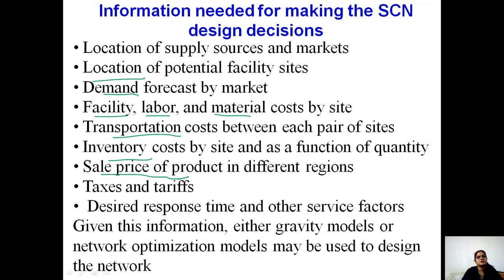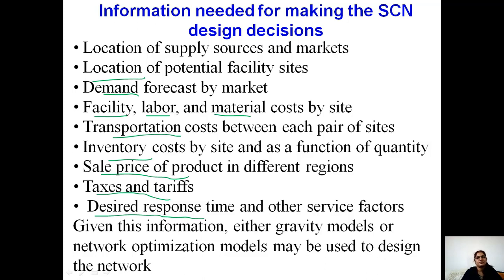The selling price should be known, as well as the taxes and tariffs connected to the local place. And then the response time of the customer. The meaning of response time here is the time that the customer is willing to tolerate.